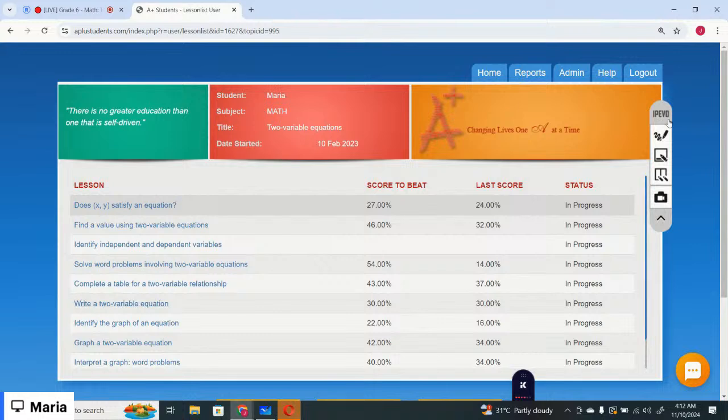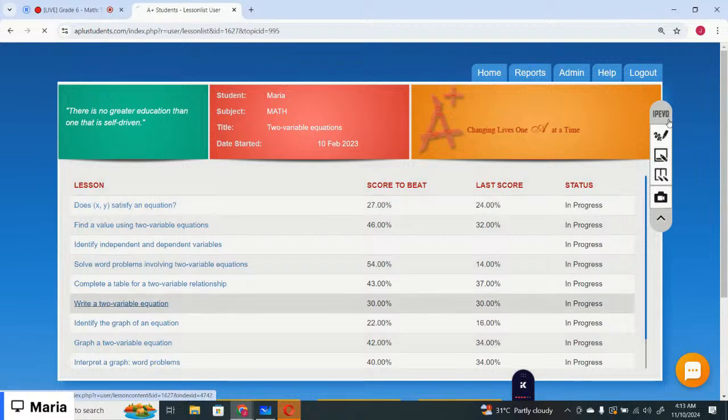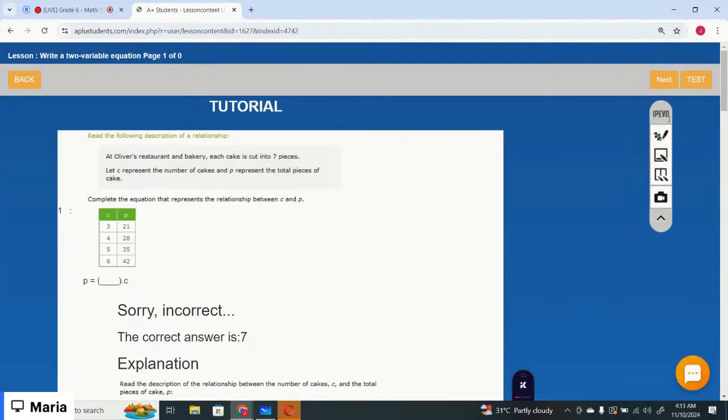The next lesson is write a two variable equation. Complete the equation that represents the relationship between C and P. Now you have to find the relationship between two variables.